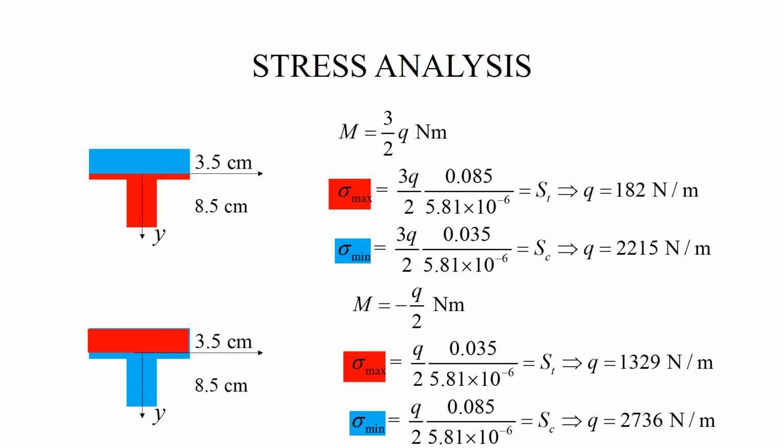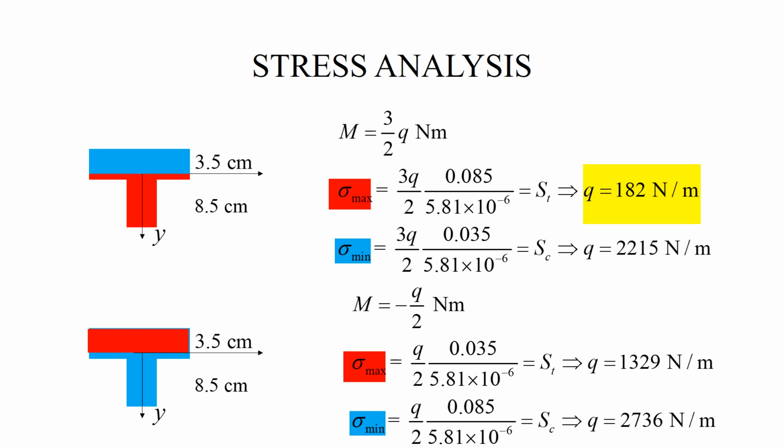Obviously, in order for the beam to be safe, I must choose the lower value of Q, which is clearly 182 newtons per meter. So the important lesson in this beam is, because of asymmetry of the beam and because of the difference in tension and compression, we have to consider normal stress calculations.